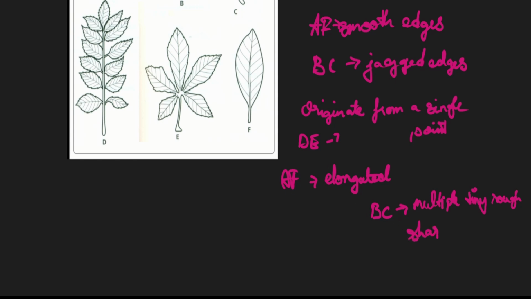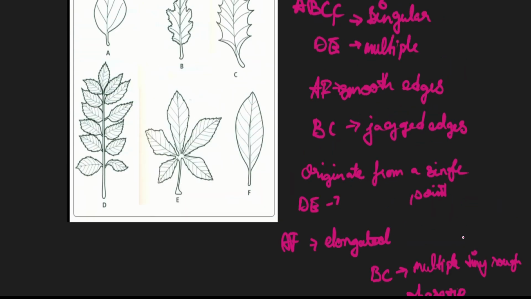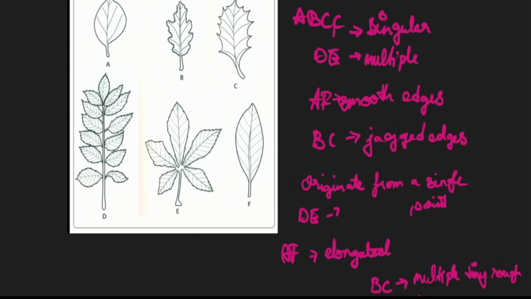If it does, that's going to be C, and if it doesn't, that's B. Let's see this as a rounded tip, that's a sharp tip. So you can make this dichotomous key at home.